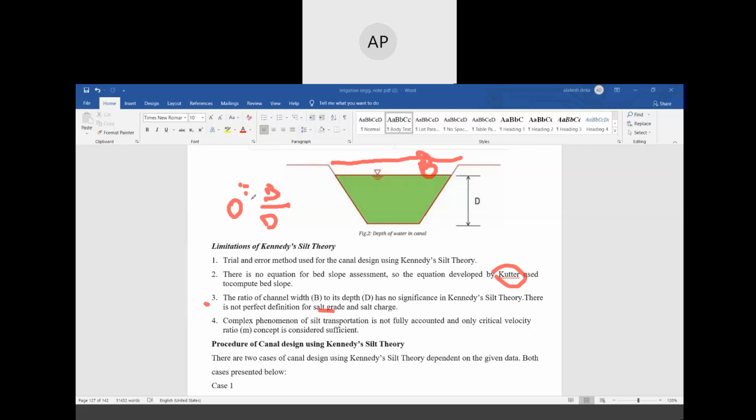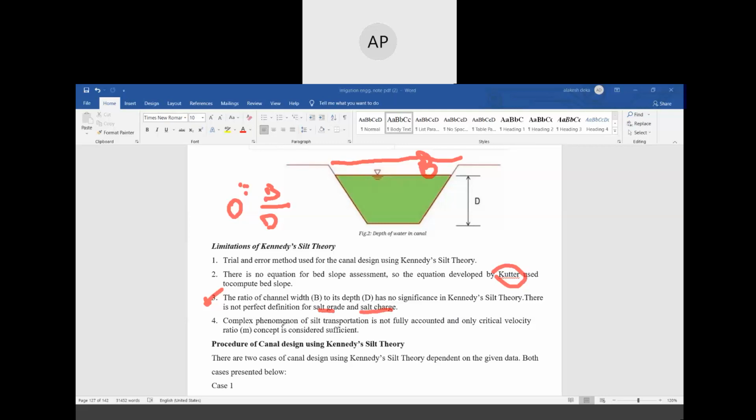He didn't provide any information regarding the size of the particles. So that's why this equation is not perfect, and there is no definition for silt grade and silt charge.